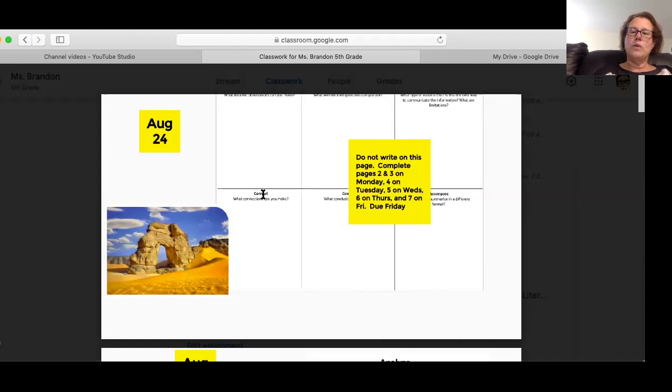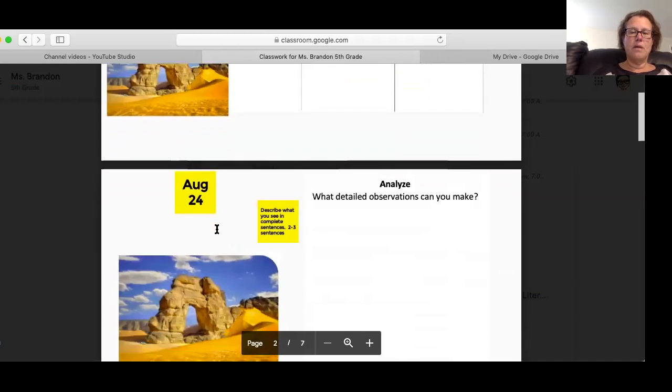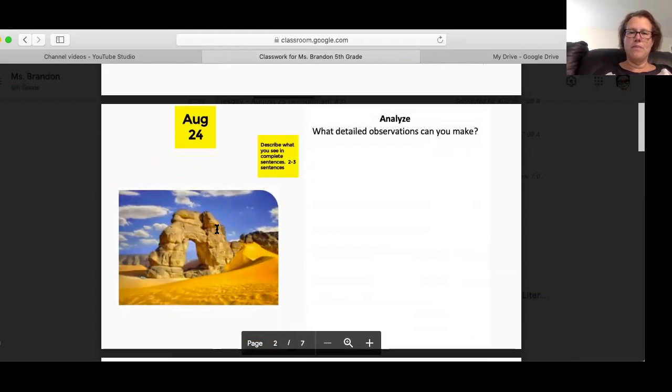You need to complete pages 2 and 3 on Monday, and then 4 on Tuesday, page 5 on Wednesday, 6 on Thursday, and 7 on Friday. The whole thing is due on Friday. You're going to have to come back to this assignment every day this week, and it's only going to be attached to Monday so that you can keep changing the same one, all right? We're not going to have a bunch of different ones.